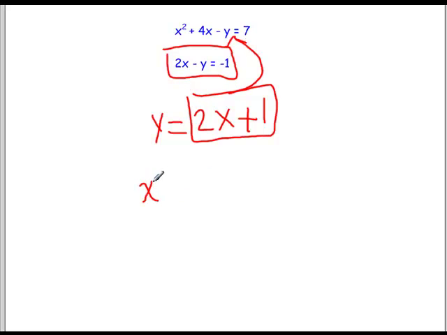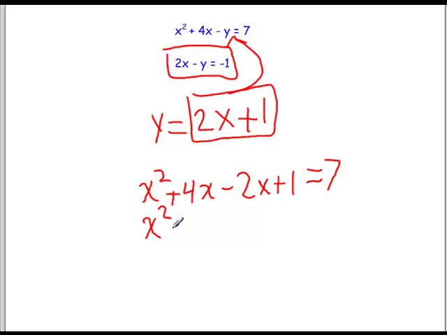So we're going to get x squared plus 4x, instead of minus y, we're going to do minus 2x plus 1. See? Plug that right in, just like we've been doing. It's equal to 7. So then I get x squared plus 2x, I have plus 1, but I'm going to subtract 7 from both sides, so it's going to be minus 6. It's equal to 0. Okay?